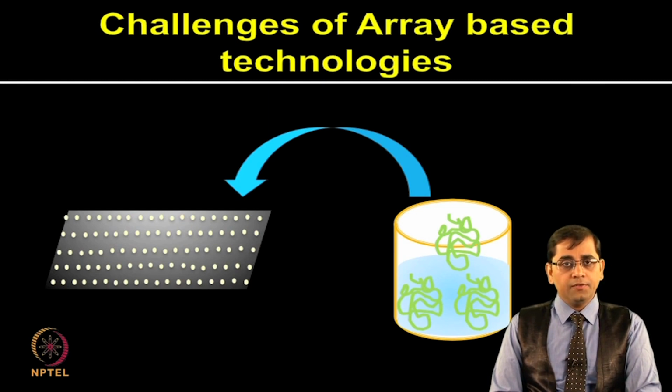Protein array designing difficulties include acquisition, arraying and stable attachment of proteins to array surfaces and detection of interacting proteins.